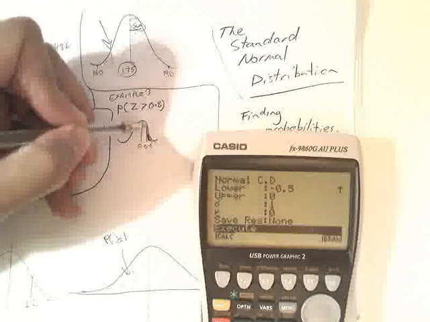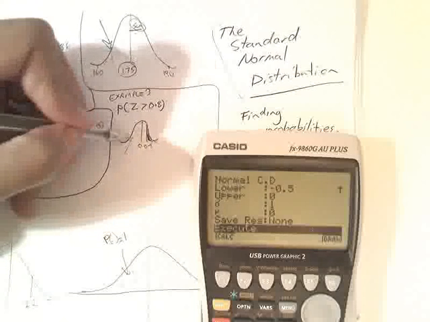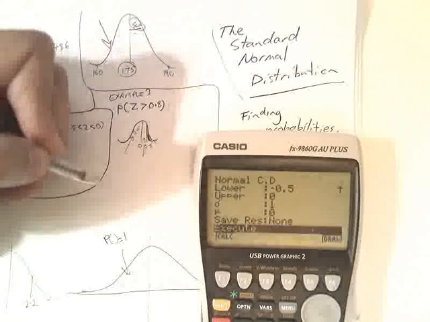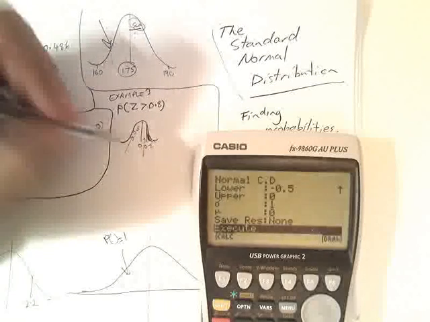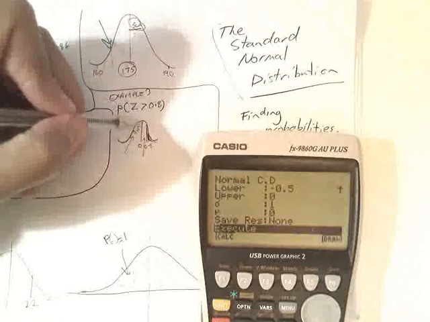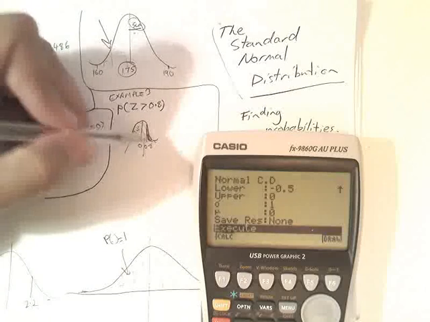Now again, we can't go to it directly, but we do know that this is 0.5. We can find this, and then we know that z is greater than 0.8 is going to be equal to whatever all of that is minus 1.